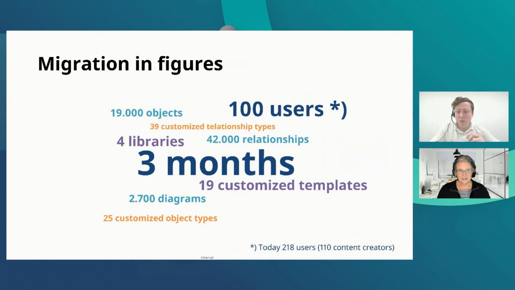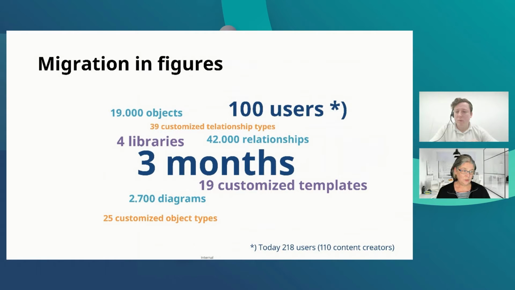This sounds to me still quite a lot if I see it now in the aftermath. At that point in time, when we started the migration, we had 100 users. Those were content creators. We didn't have any real content viewers.